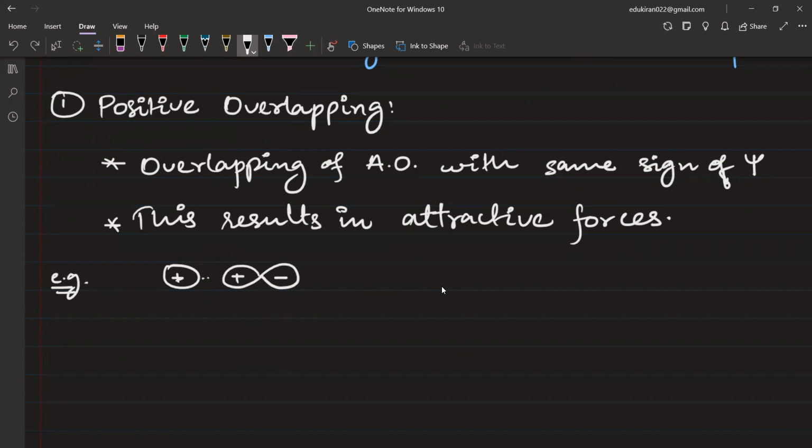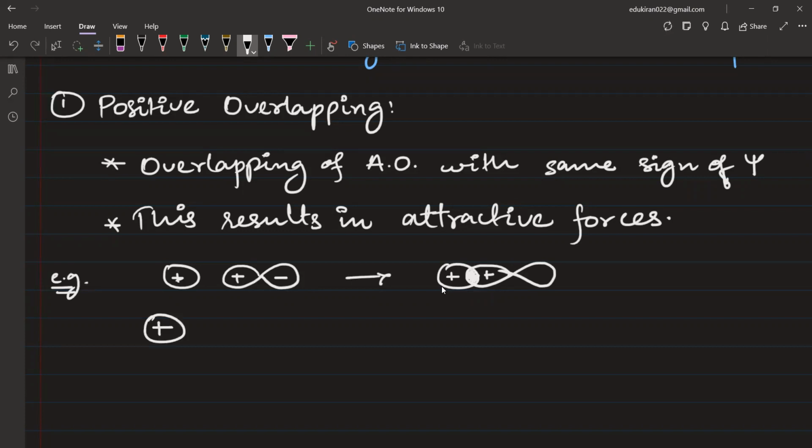So if I am going to overlap them, then it is going to overlap like something like this. Okay, so here we have positive. So positive sides are overlapping, so there will be attractive forces between them.